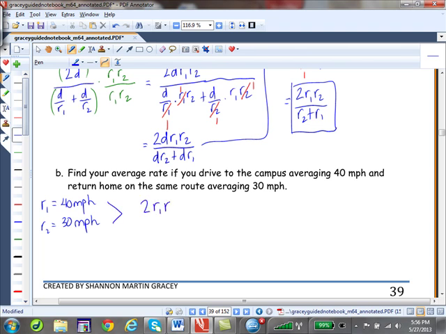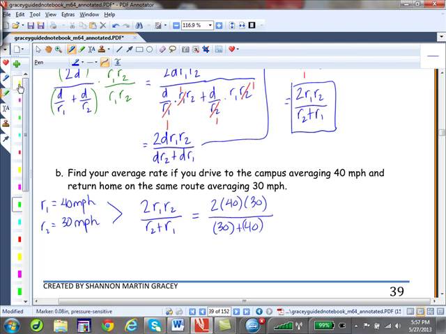2 times R1 times R2 over R2 plus R1, given those values for R1 and R2, will be 2 times 40 times 30 divided by 30 plus 40.